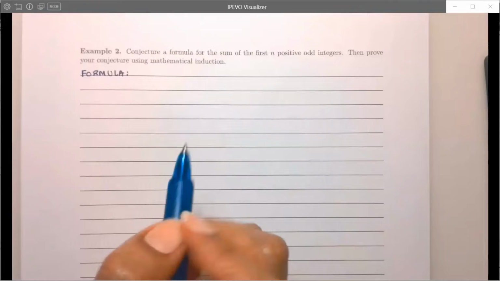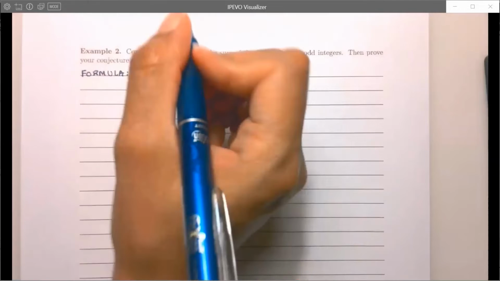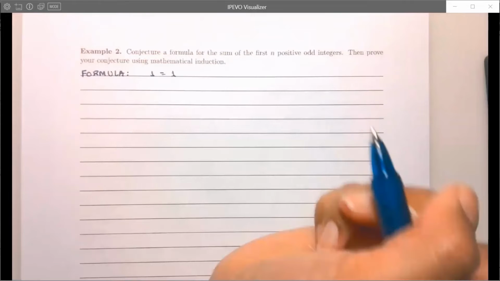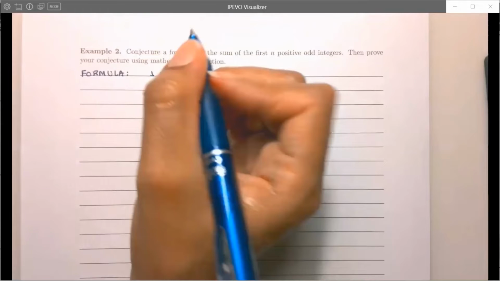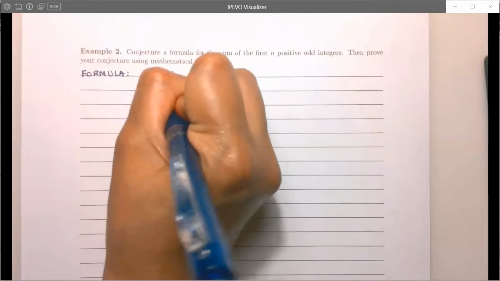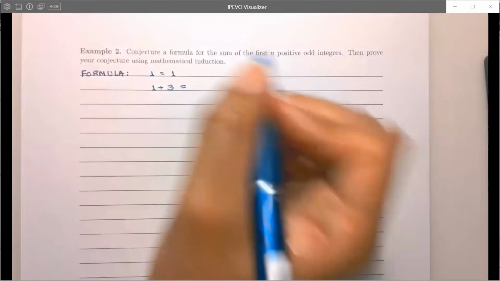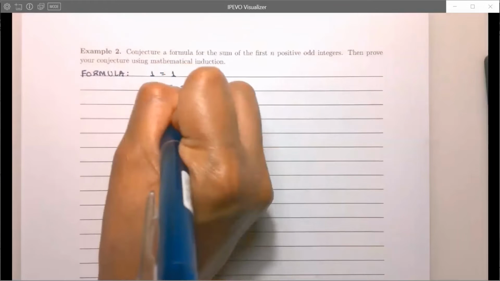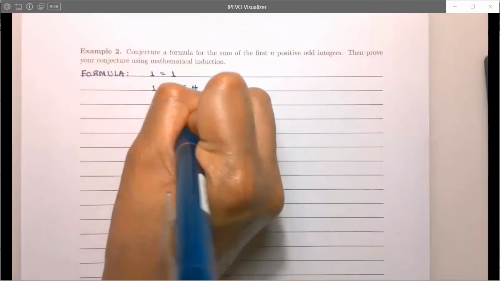So let's start with just the first odd integer. Well, the first odd integer is just 1, which is equal to itself. There's not much going on there. Then if I take 1 plus 3, which is the sum of the first two, we get 4. If I take the sum of the first 3 odd integers, we get a 9.